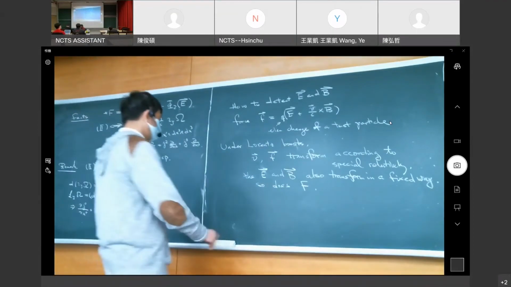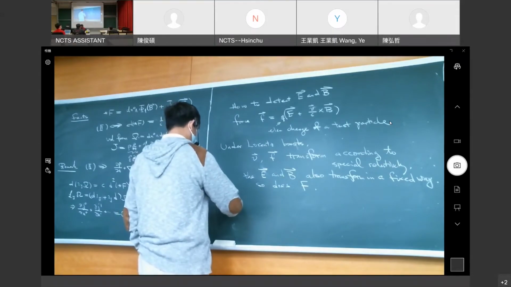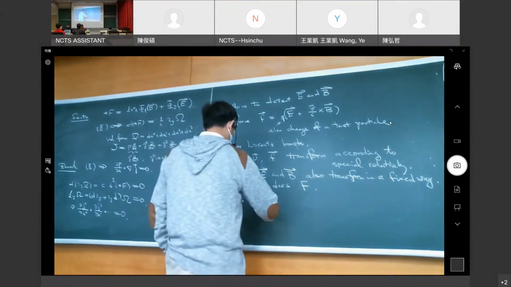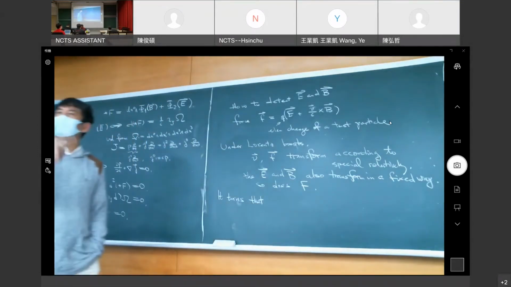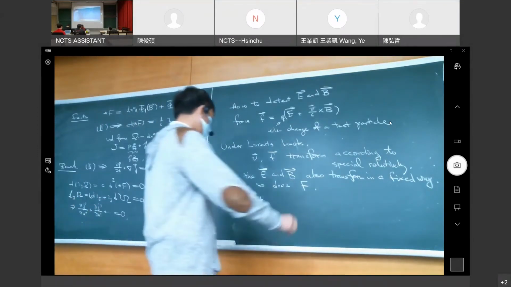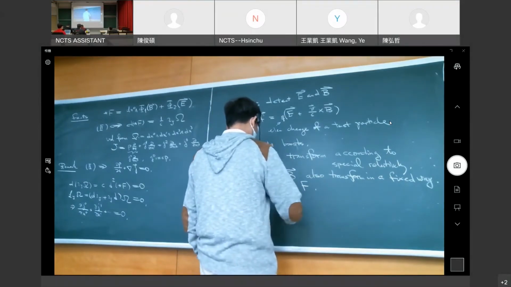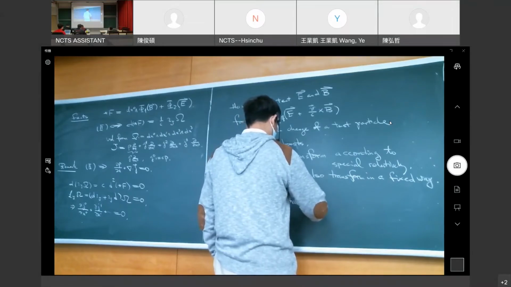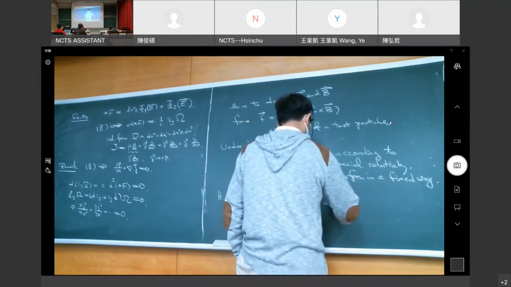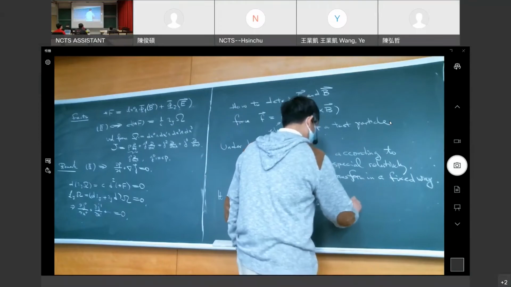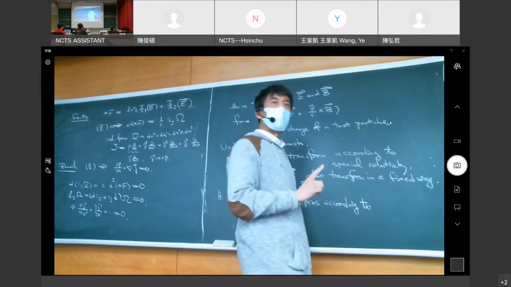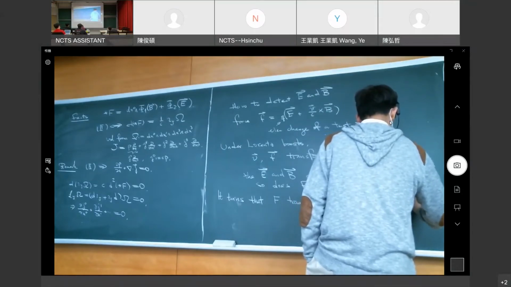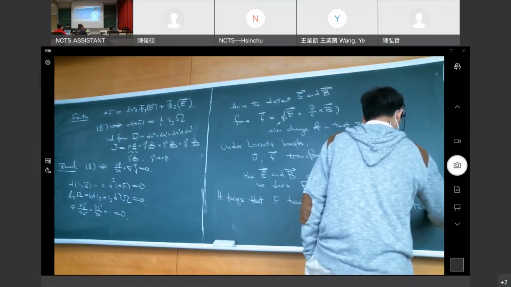Now, it turns out that under this transformation, F transforms according to precisely the mathematical rule of a two-tensor, an antisymmetric tensor.